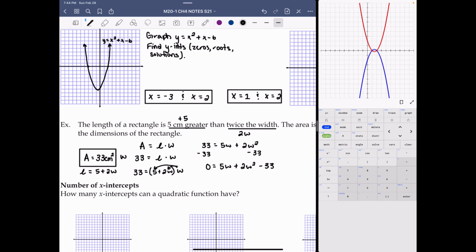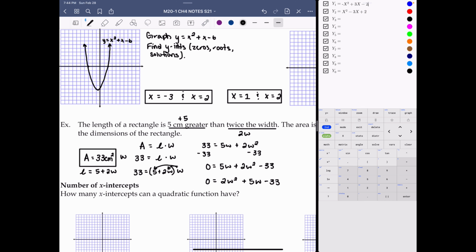And then I'm going to put this in general form, so the w squared term first. 0 equals 2w squared plus 5w minus 33. Now we have a quadratic equation, so we can solve that graphically.